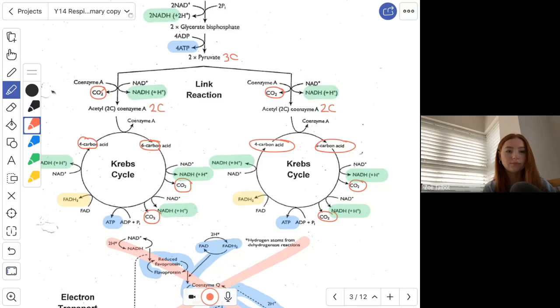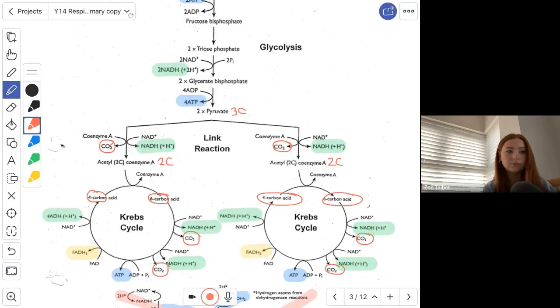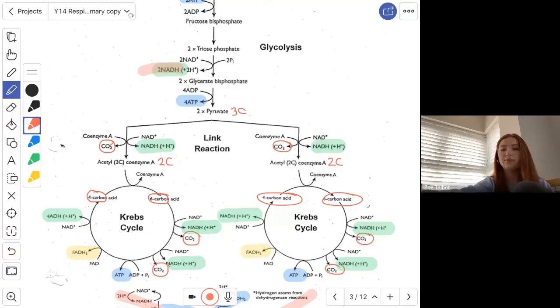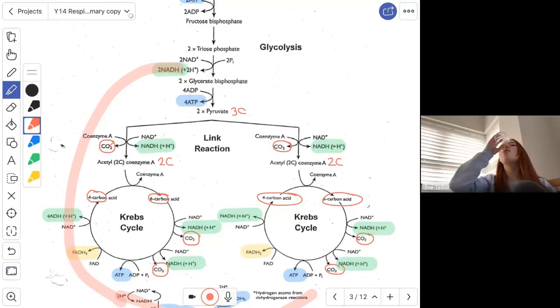And there's only a certain number of NAD and FAD molecules in each cell. They're not being made, they're just basically being recycled. It's like you have little people there and they pick up the hydrogens and carry them down to the electron transport chain. And the same here, and here, and here, and here.